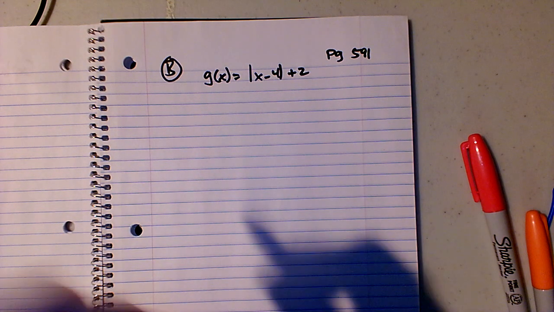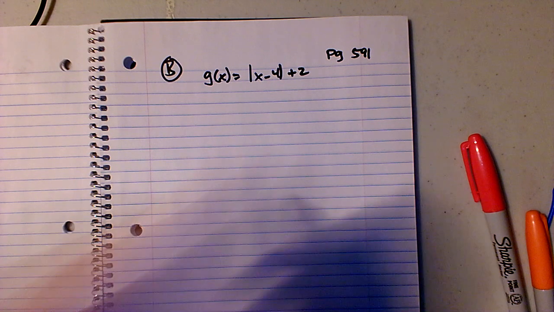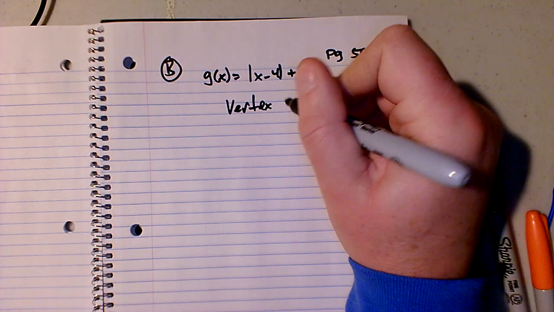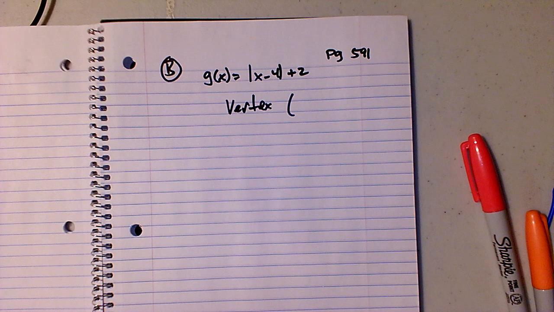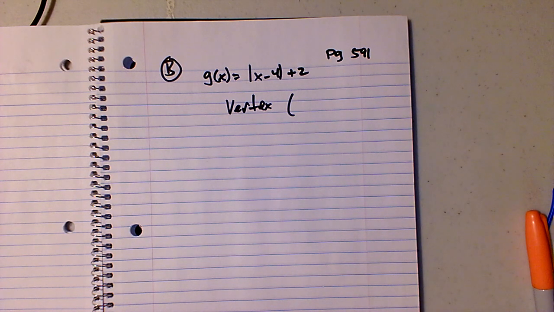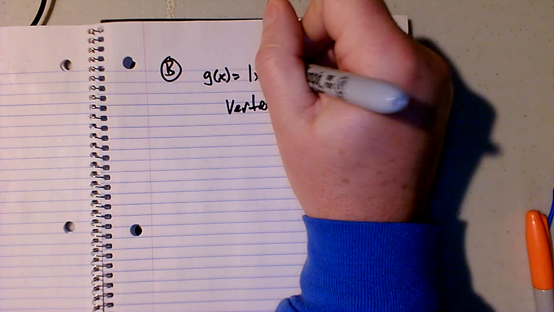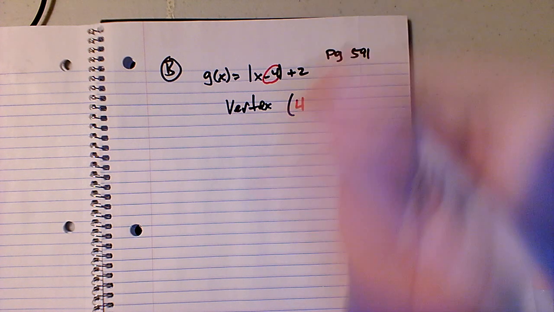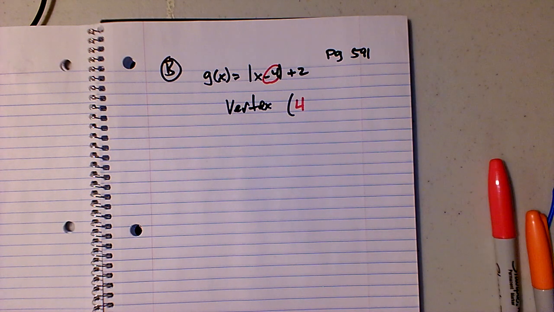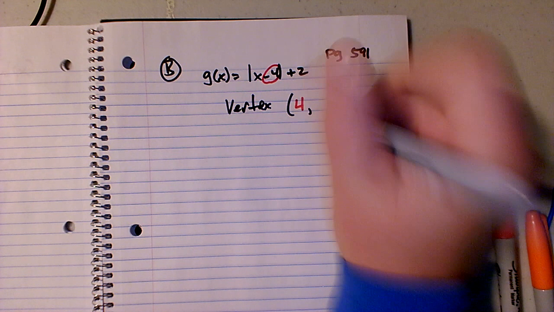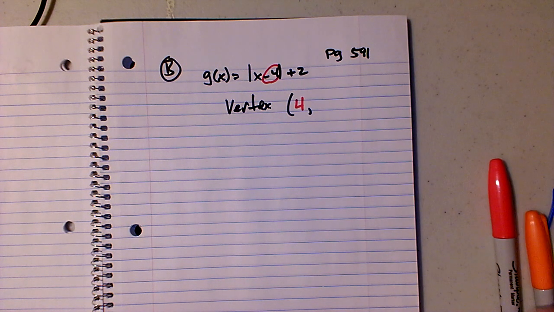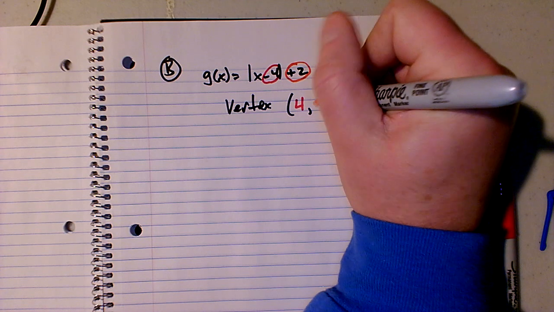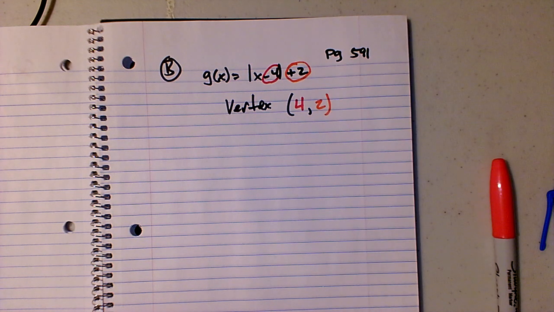What I want to do is identify where the vertex is going to lie for this transformed graph. It is going to be the opposite of this, which would be positive 4. And my vertical shift is, I'm going to move up or down, wherever that is, so I'm going to move up positive 2.